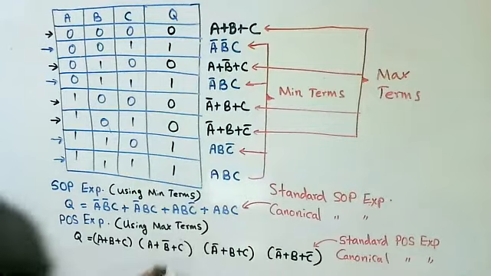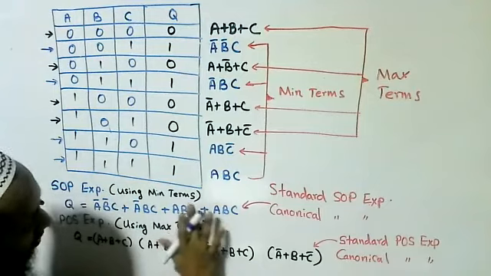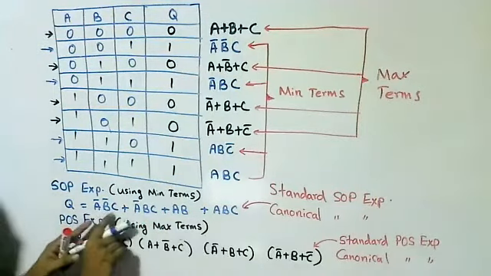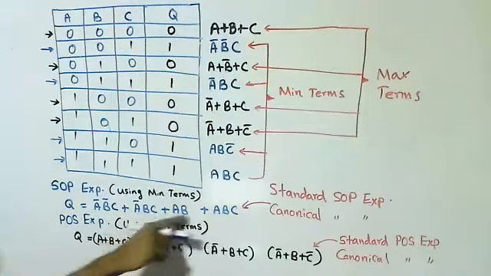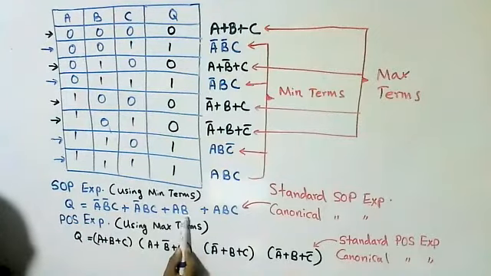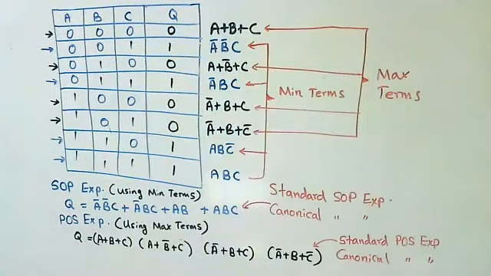Okay, for example, if we have an expression like this, this is not standard SOP expression, because in this min term there are not all three variables, only two variables, two inputs are there.